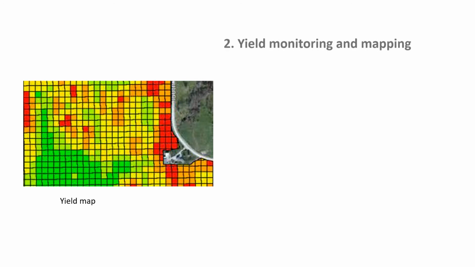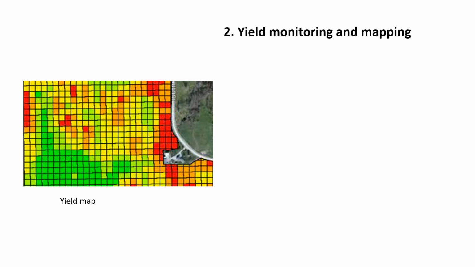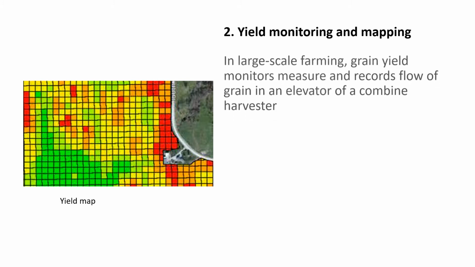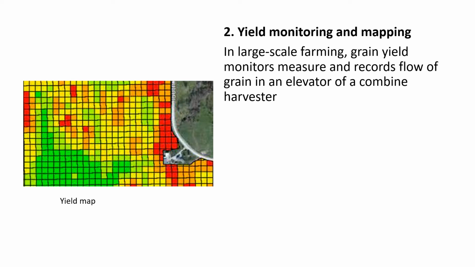The other tool is the yield monitoring and mapping. This is quite important in large scale farming because these grain yield monitors measure and record the flow of grains in an elevator of a combine harvester.